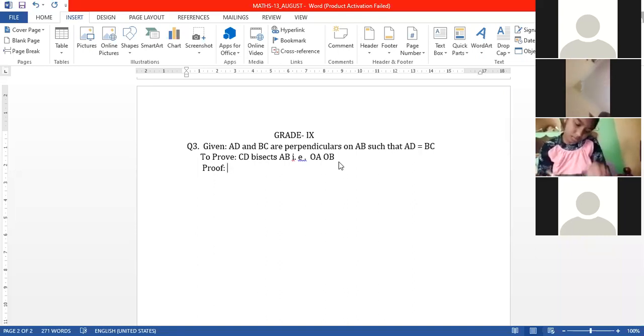Firstly, there are two triangles. First triangle is AOD. Second triangle is BOC. Note down.